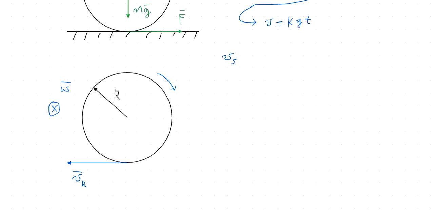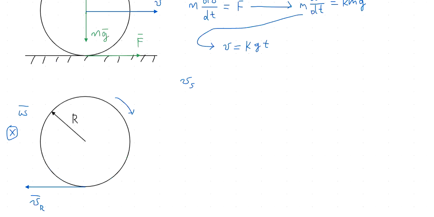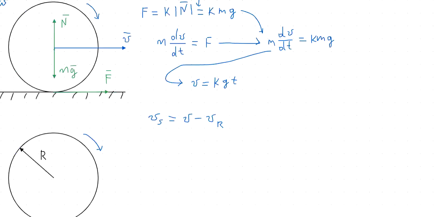So the velocity of slippering is equal to v minus vr.